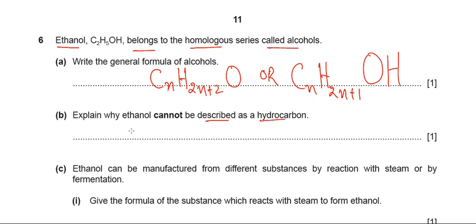Explain why ethanol cannot be described as a hydrocarbon. Why? Because we know that hydrocarbons are compounds that contain carbon and hydrogen only. But you can see from the general formula there is another element other than carbon and hydrogen.